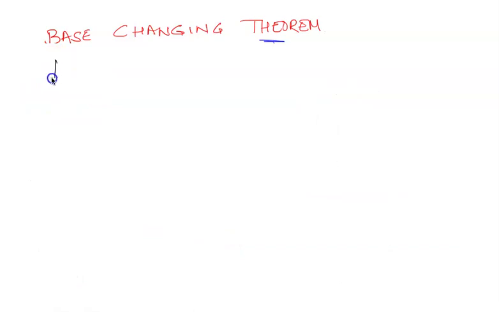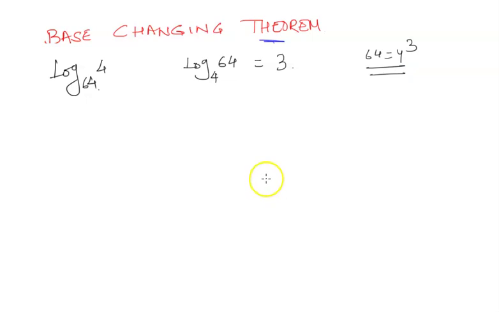So let's say you have to solve log 4 to the base 64. Now this is not as simple as we know that log 64 to the base 4 is 3, because 64 is equal to 4 cube, right? So this is easy. This is not that easy.